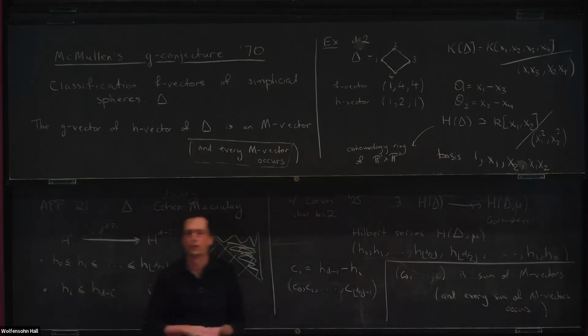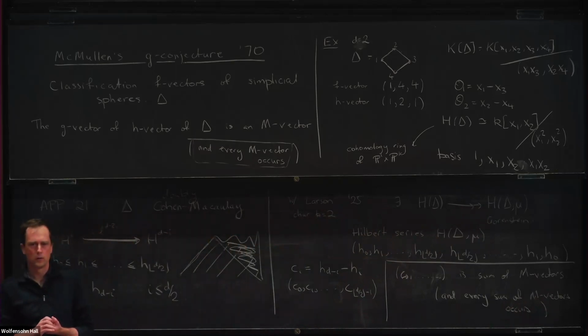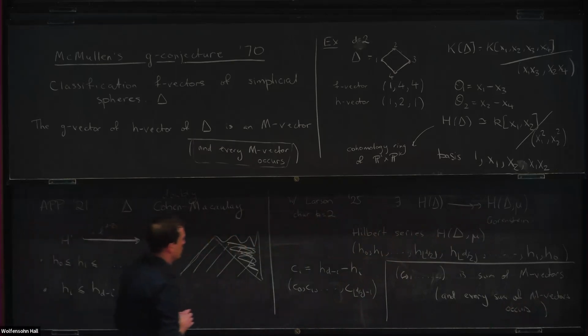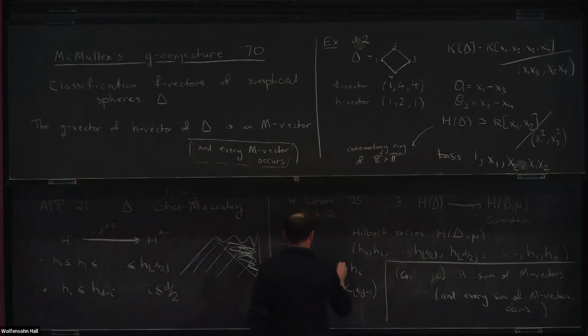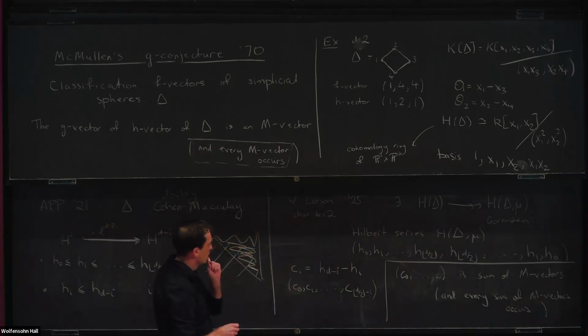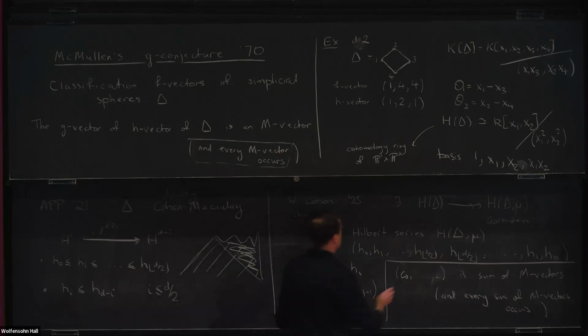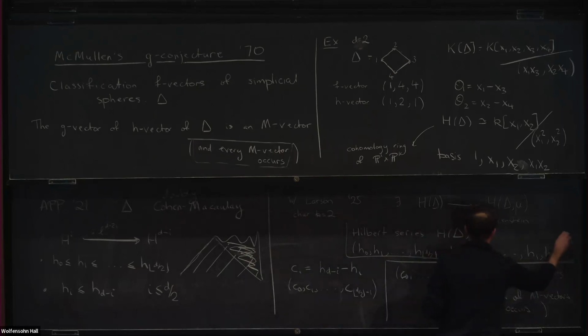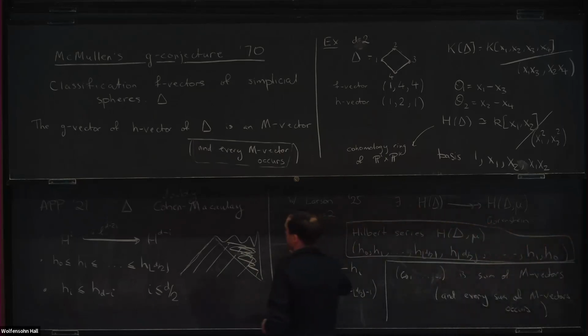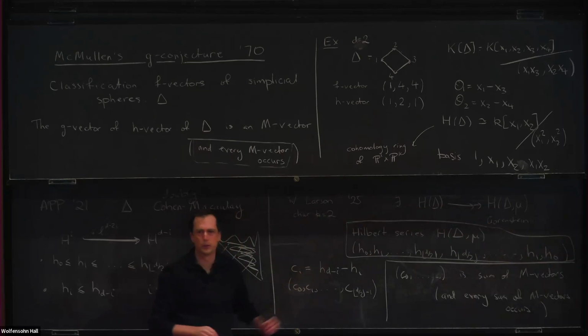Your notation to look like H_{b-i} minus H_i should be 0 based on the previous one. So this is for, sorry. This is the Hilbert series of this guy, but the original guy, yeah, this is for the original guy.